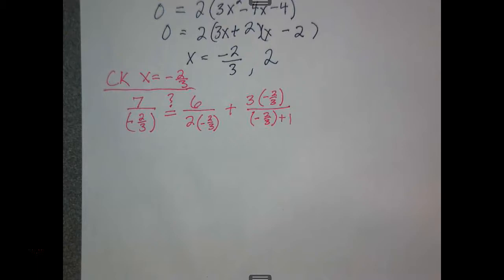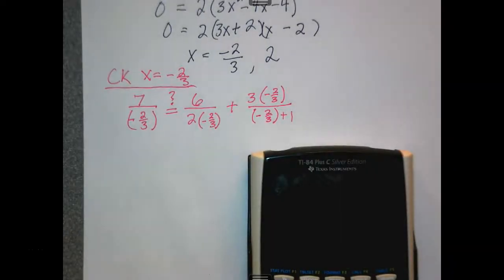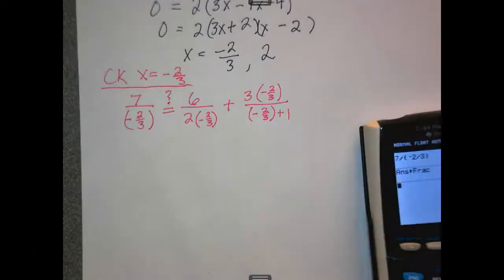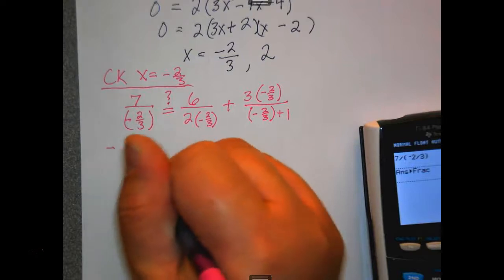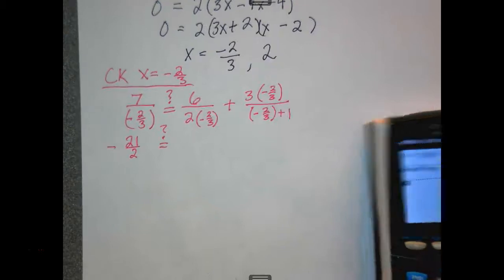Plus it. I'm going to put it in calculator. 7 divided by negative 2/3. Negative 10.5 or 21 halves. B.